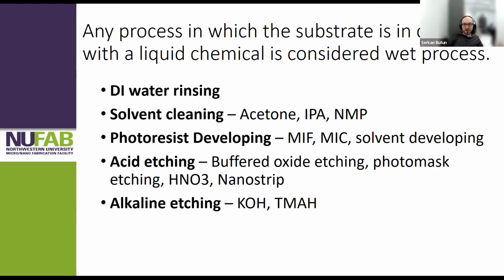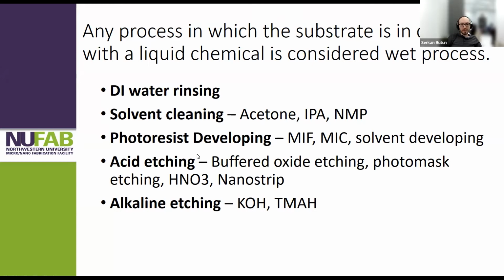We have acid combinations to etch semiconductors like gallium arsenide, involving nitric acid, citric acid, and other kinds of buffered solutions. And we have sulfuric acid-based Nanostrip for deep cleaning sample surfaces. I tried to add the common ones.